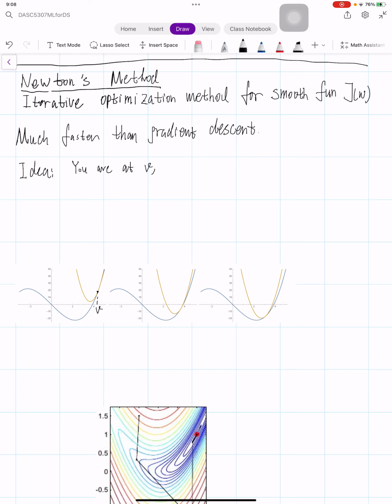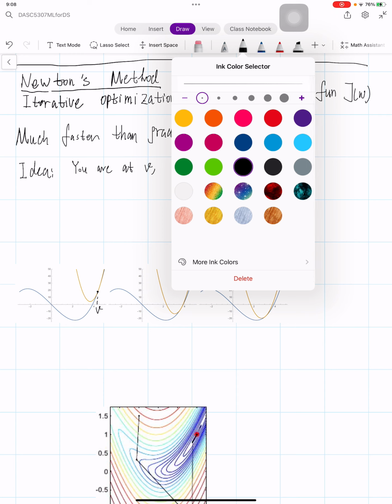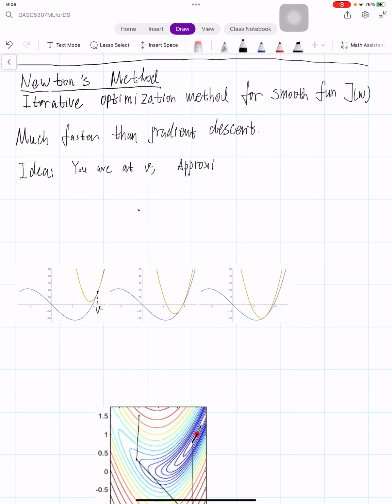You can approximate your cost function near v by a quadratic function.